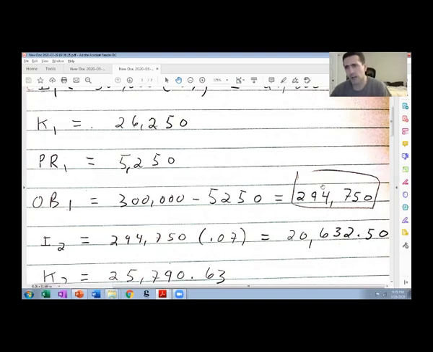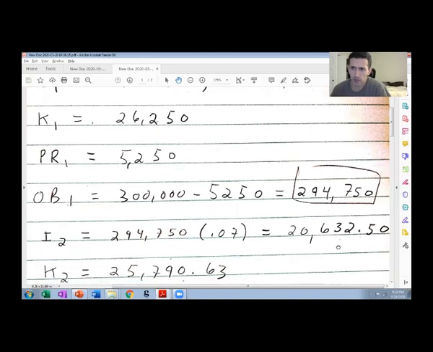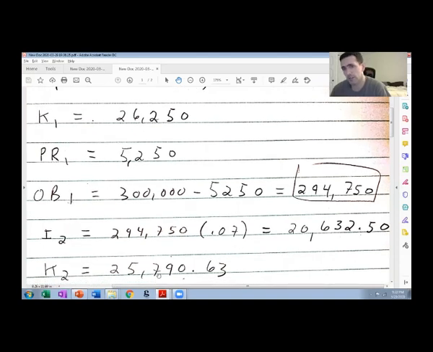This outstanding balance accrues 1 year of interest at 7%. So the interest due between year 1 and 2 is $20,632.50. Again, you're paying each year 125% of interest due in that year. So times this by 1.25, you're going to get $25,790.63.